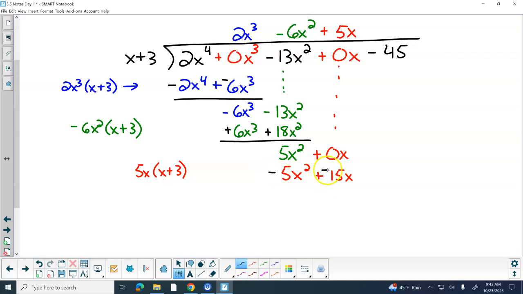Change and change. Drop. And that would be negative 5.